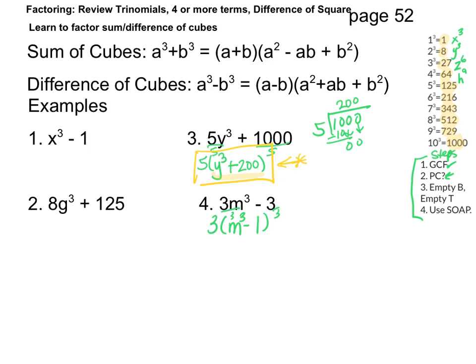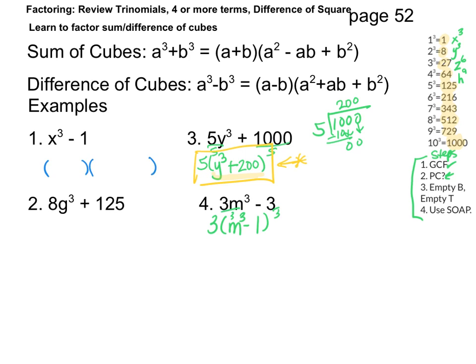So I'll do the next step. What does that number 3 mean? It says empty b and empty t. That means once you've determined that you've taken out your greatest common factor and you have all perfect cubes, then you put an empty binomial and an empty trinomial. So for number 1, I'm going to put an empty binomial and an empty trinomial.